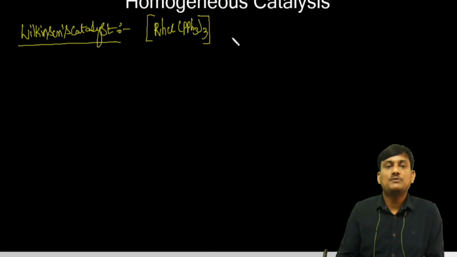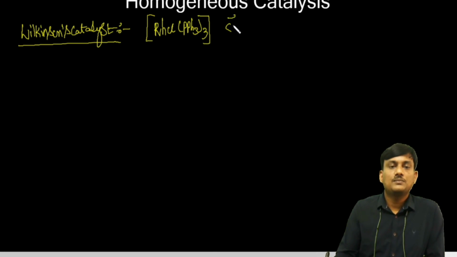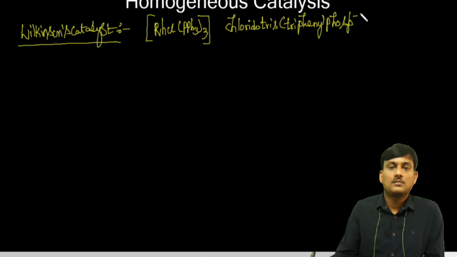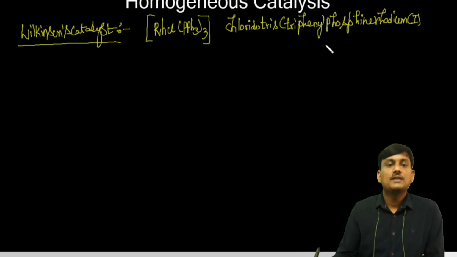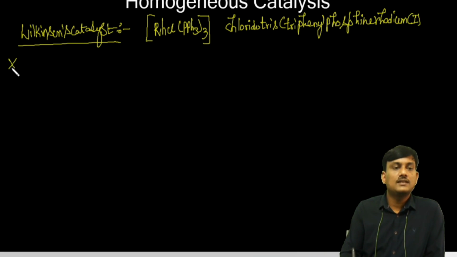The IUPAC name of this complex is chloridotris(triphenylphosphine)rhodium(I), and the oxidation state is 1, rhodium 1. This is the IUPAC name of Wilkinson's catalyst. Wilkinson's catalyst is a square planar complex.